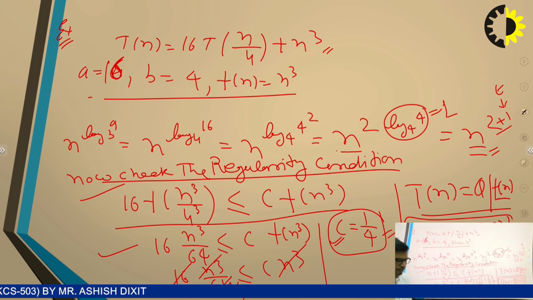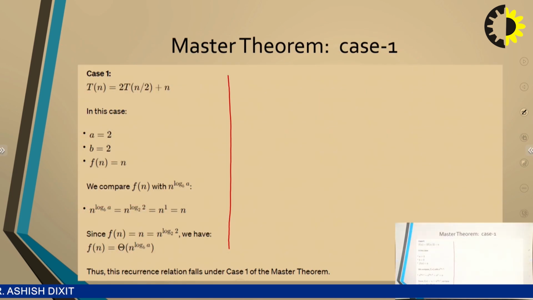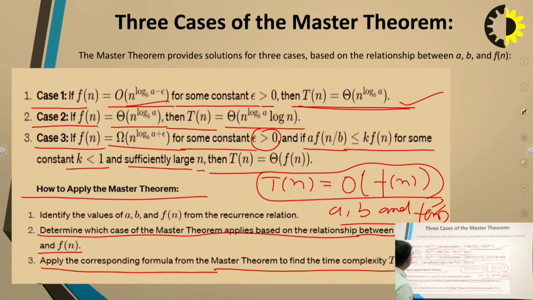Okay, so I will repeat that. In the master theorem, we study three cases: case 1, case 2, case 3. And always keep in mind that the constant c is less than 1, which we use for the regularity condition.